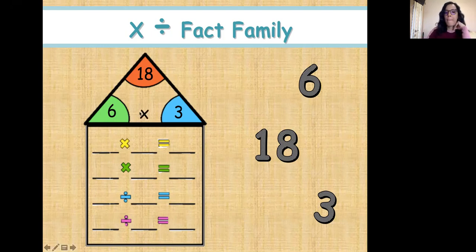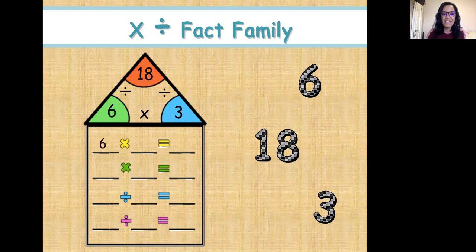Because 6 times 3 equals 18. 3 times 6 equals 18. And the same, 18 divided by 3 equals 6. 18 divided by 6 equals 3. That's why it's so important that that big number, the answer, goes at the top, okay? Let's look at how we would arrange our fact family into the 4 different problems.